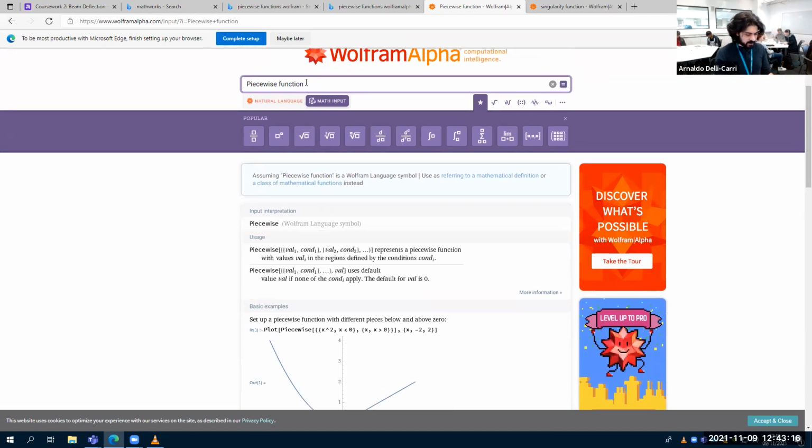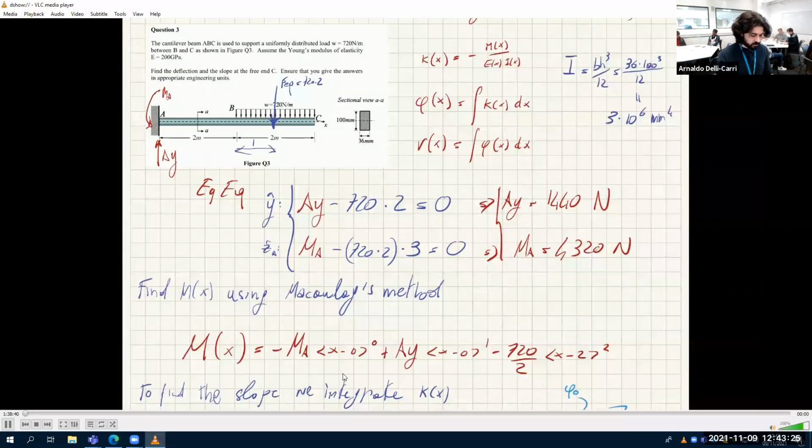Okay, let me check one of the simplest ones we found. Say this one. I'm going to try and solve for this one here, which only contains one singularity function because x minus 0 to the power of 0 is just 1.